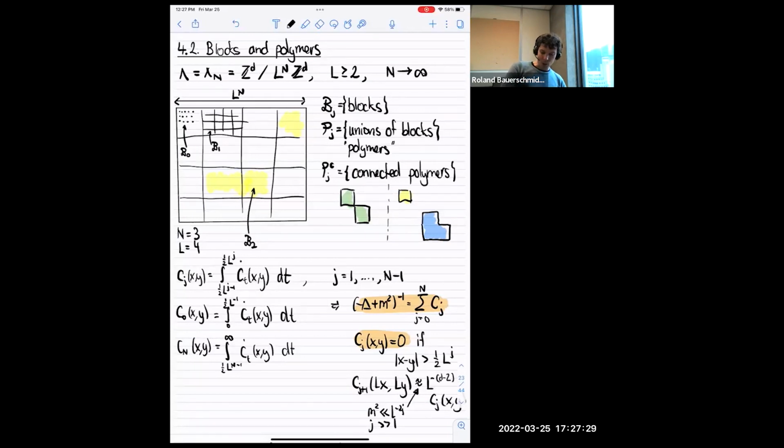Maybe one other thing I could mention. For example, with Thierry and Benoit and so on, we have made use of the fact that the continuously evolving renormalized potential is, in some ways, nicer than the discretely evolving one.